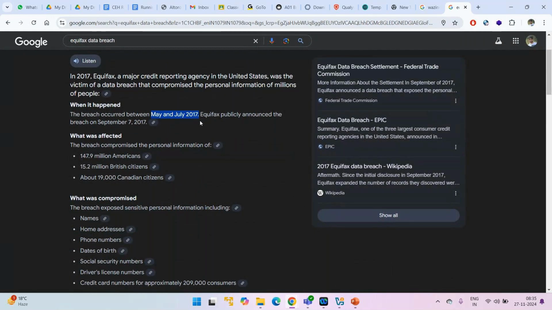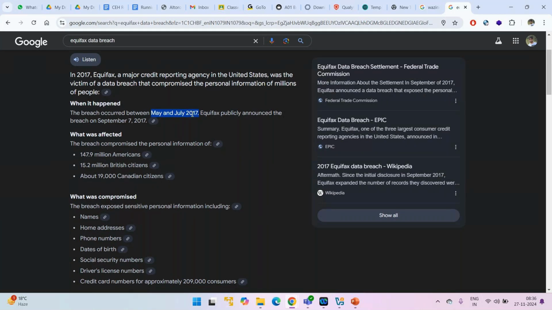There was a very critical vulnerability in their publicly exposed server, so they didn't update it on time. The vulnerability management was not effectively identified and fixed on time, and hackers took advantage of it and simply compromised all of this data.